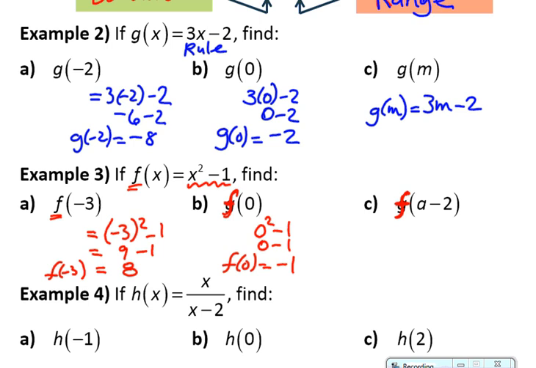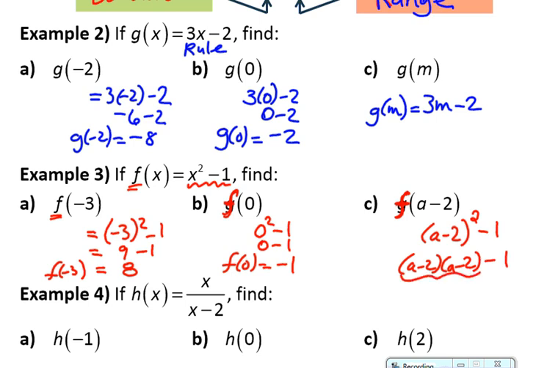For f of a minus 2, again, go to the f function. Where I see the x, I'm going to put in this whole input. My input this time is the whole thing, a minus 2, that binomial. It's going to get squared, and then I'm going to subtract 1. So my input's a little more complicated this time. This is a binomial squared, so that's a minus 2 times a minus 2, minus 1.